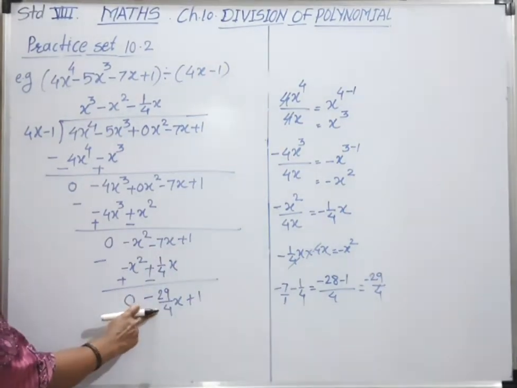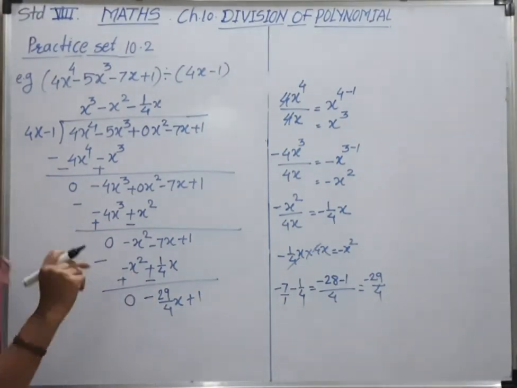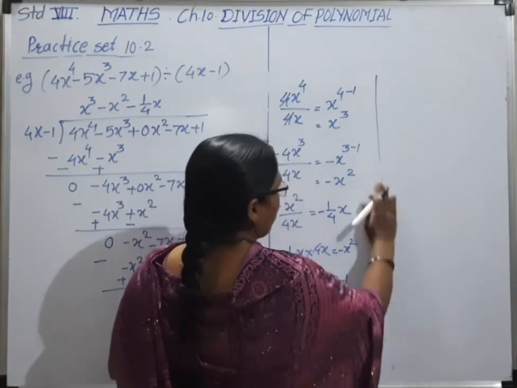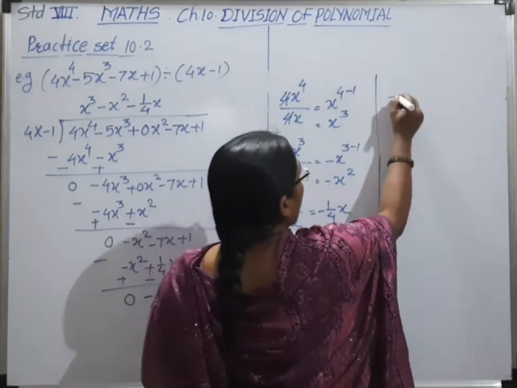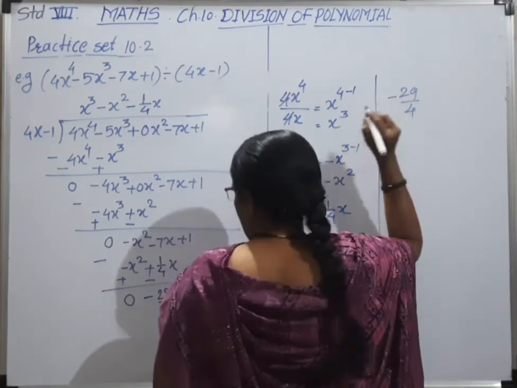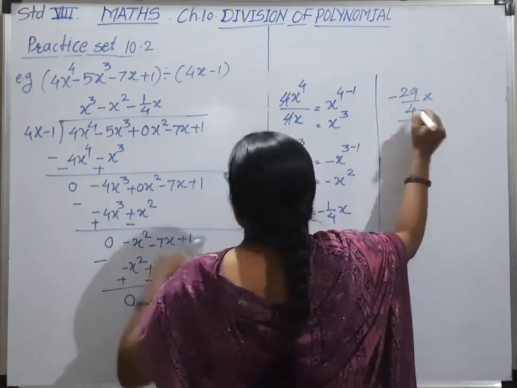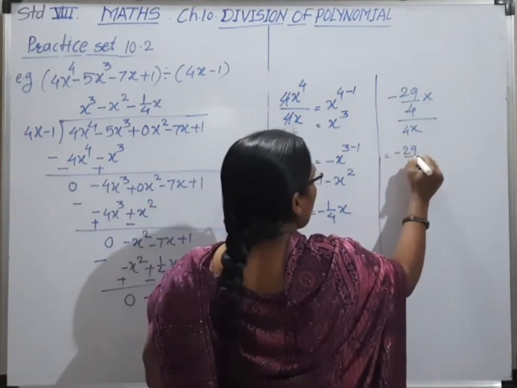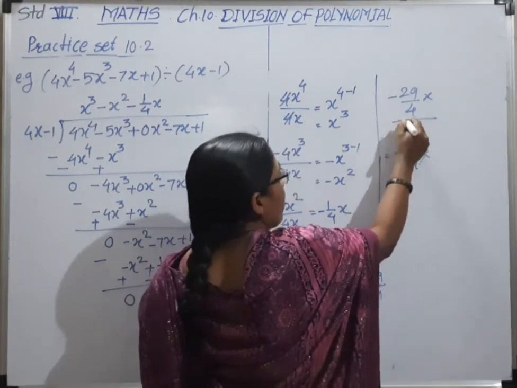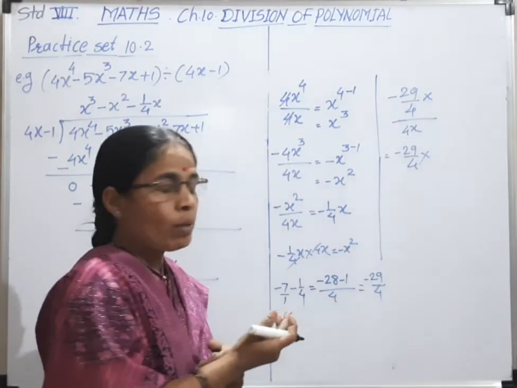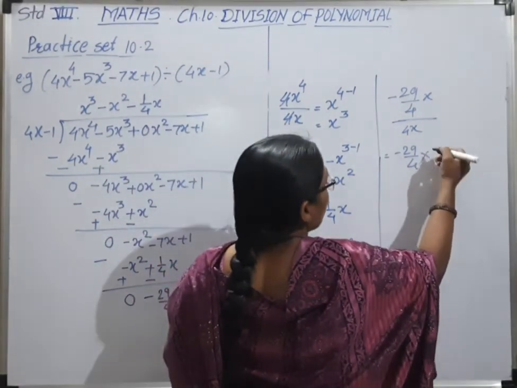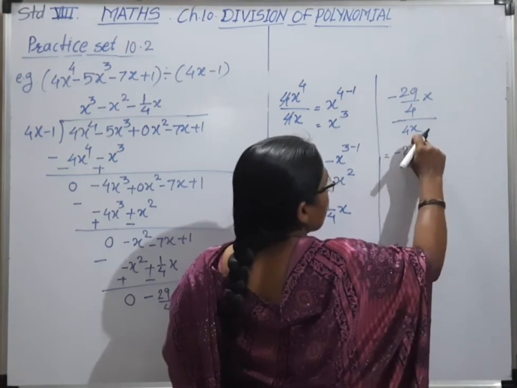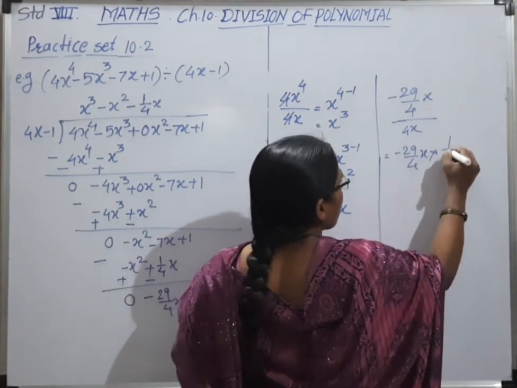Divide this minus 29 upon 4x by 4x. It is equal to minus 29 upon 4x into, when we are dividing by any number, it means multiplying by the reciprocal of that number. So it will come into the reciprocal of 4x, that is 1 upon 4x.